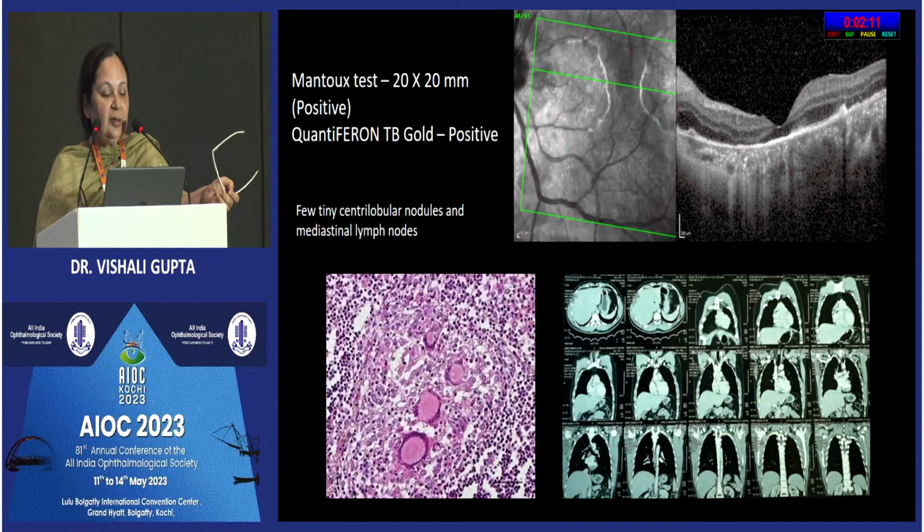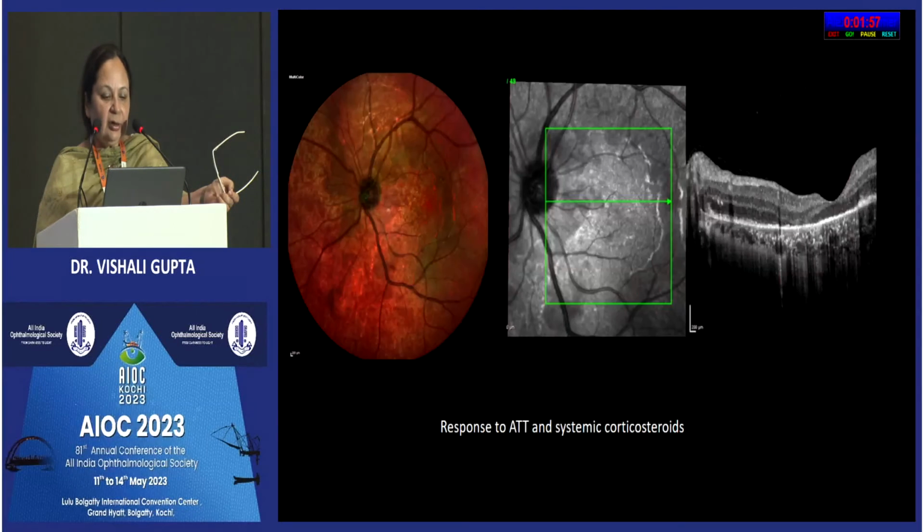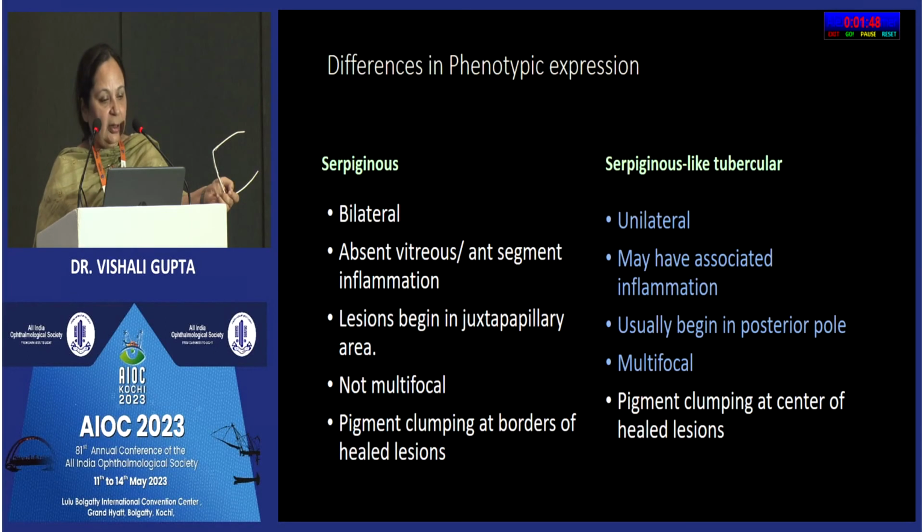For example, in this patient, Mantoux was 20/20, QuantiFERON was positive. He even had a CT, but believe me, it is not common for all three to be positive. Even if one or two is positive and you have the clinical phenotype, it is good to start treatment. And this is how these patients respond to good treatment with anti-TB.